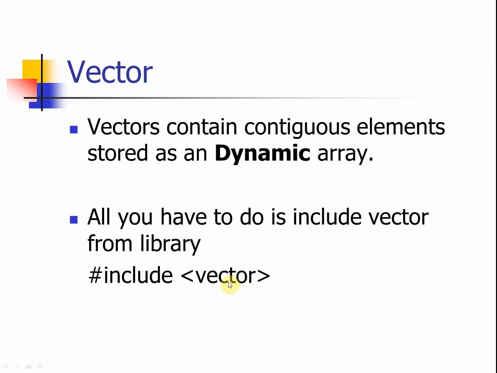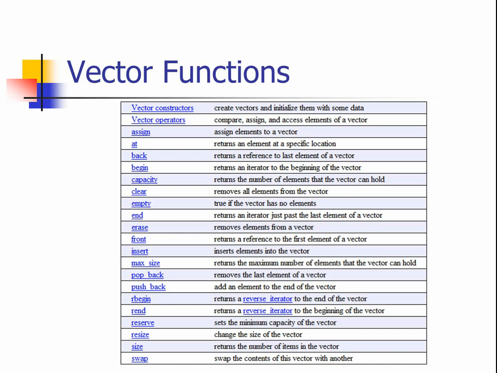To include the vector, just like you did in the beginning of the program, use a #include <iostream>, and then use a #include <vector>, so that all of the functions available for the vector will be included in your program. Once you have done that, there are a lot of different functions that you will be able to use in the vector. If you did not include vector, you will not be able to use all of these functions.